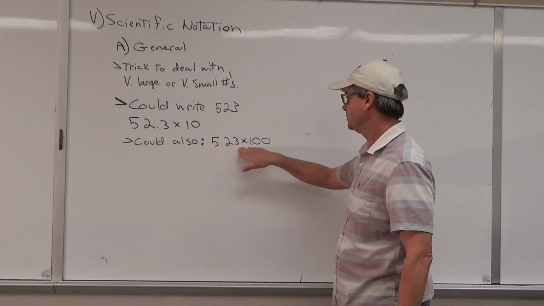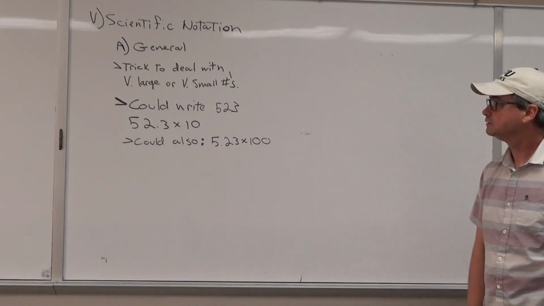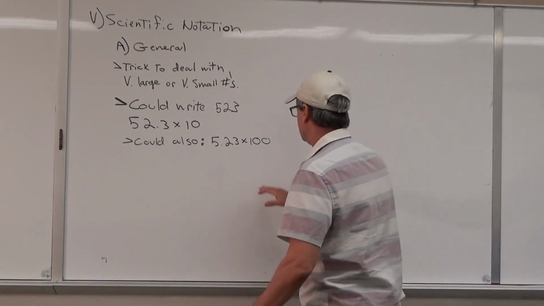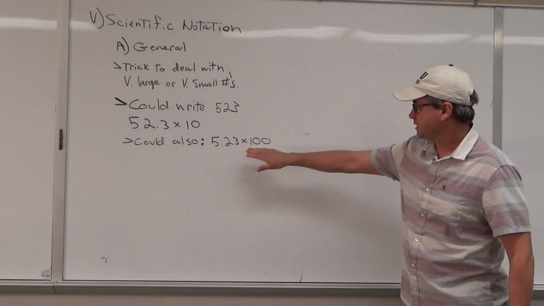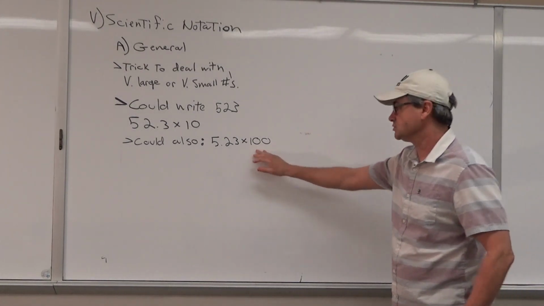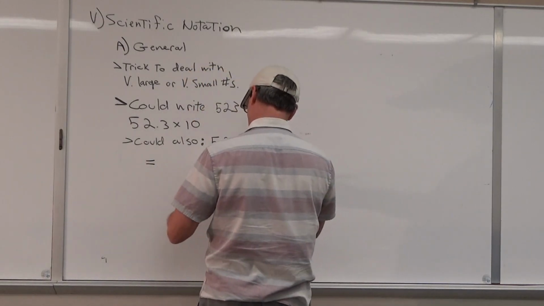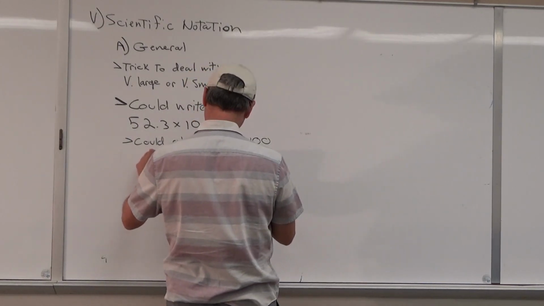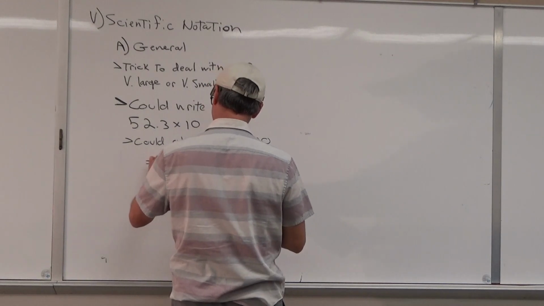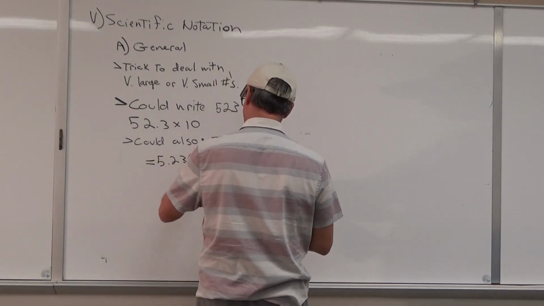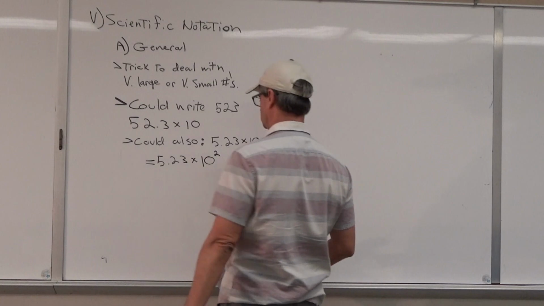So you move that decimal place 2 places to the right. Well, we can also change how we express this 100. So that equals 5.23 times 10 to the 2.